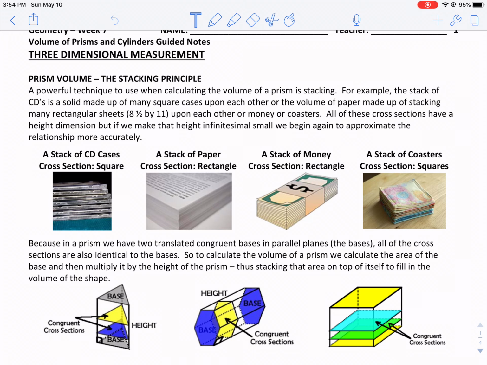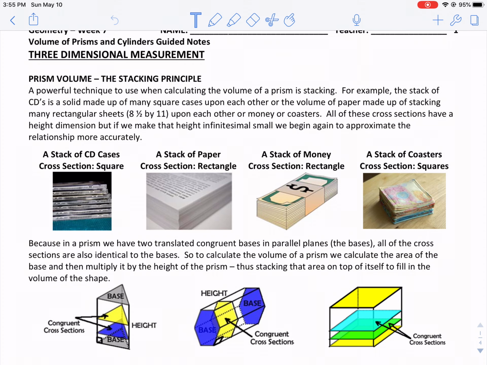It's basically flat. But if we take 500 sheets of paper, all of a sudden we can measure the height of that stack. So we can't really measure the height of one sheet, but we can find the volume of a ream of paper because there's 500 sheets together, so it has a height.